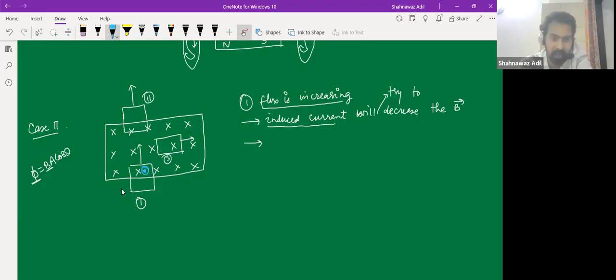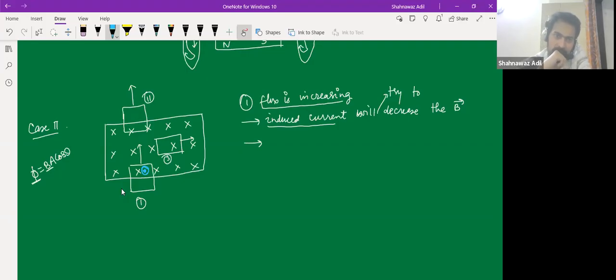So if magnetic field is outward, what will be the direction of the induced current, clockwise or anti-clockwise? Put your thumb in the direction of the magnetic field. What is the direction your curled fingers are giving?